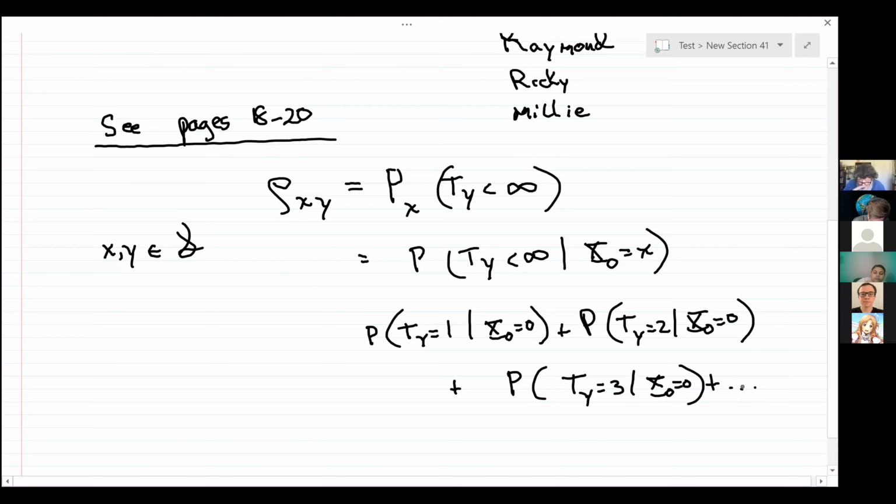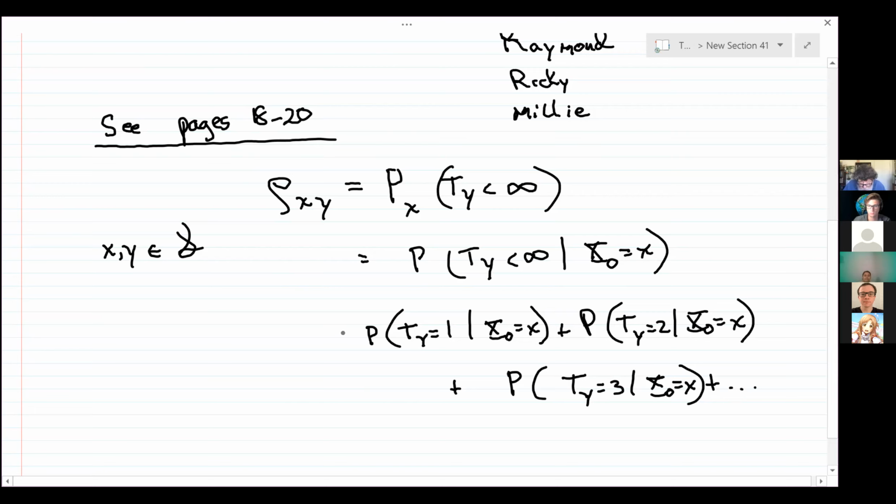So this is saying that if you start at state x, we're assuming that at time 0, you're at state x. And the first time you hit y is 1 unit of time. The first time you hit y is 2 units of time. The first time you hit y is 3 units of time, and so forth.